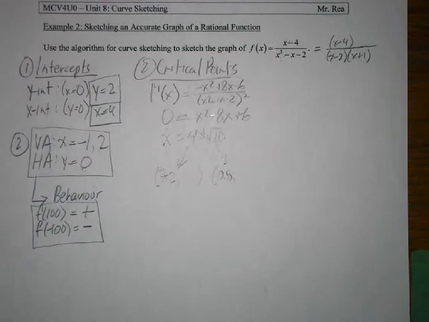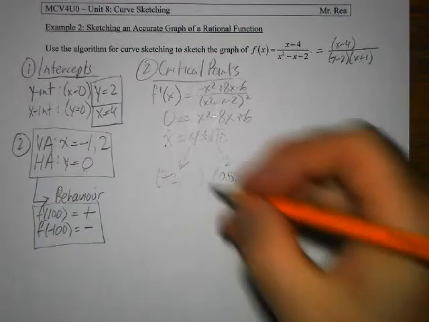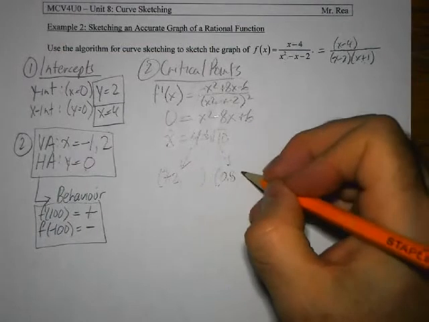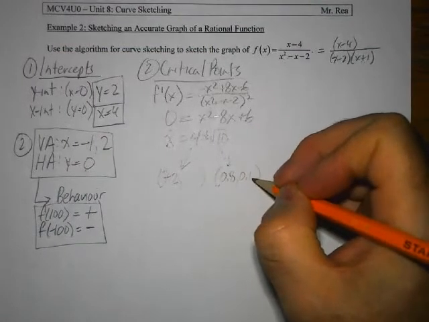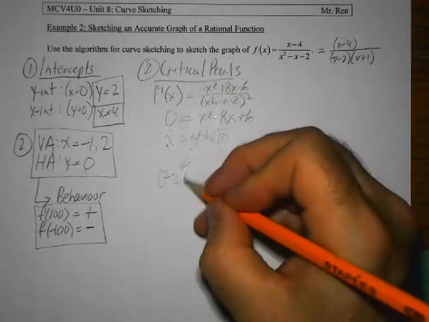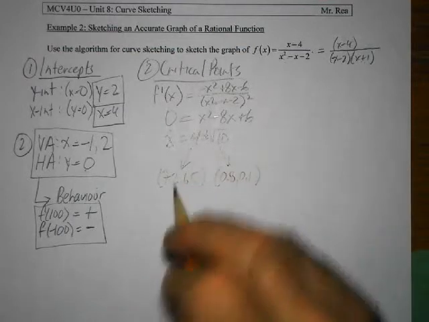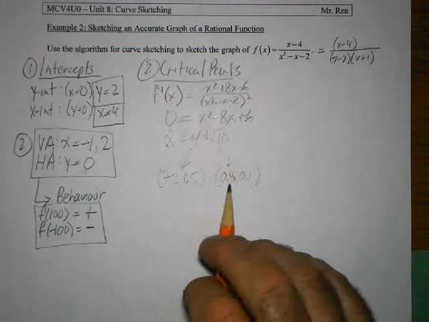Hard to read my writing here. So I think that's a 0.1, and I think it's a 6.5. Anyways, all you're doing here is plugging these x values back into this equation.